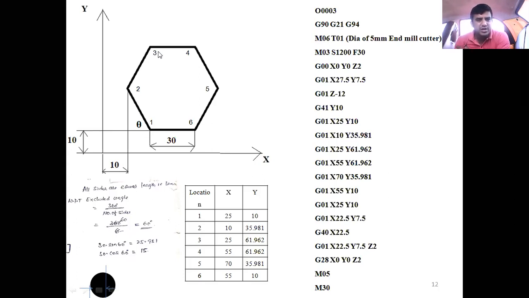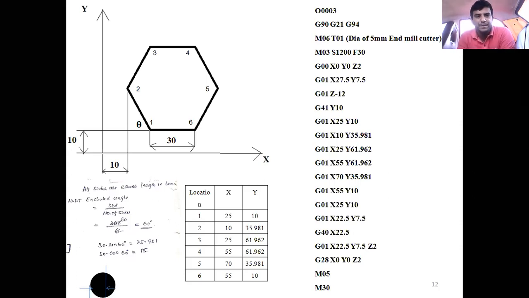It is 25 only. 10 plus 15, 25 only. What is the y value? The y value is 10 plus opposite side. Again it comes to vertical only, meaning the opposite side only. This exterior angle is 60, right? Again, this is also 25.981. So total how much value do you get? 61.962. Is there any doubt regarding the third coordinates, the location for the third coordinates?